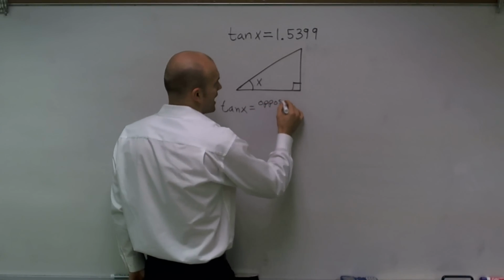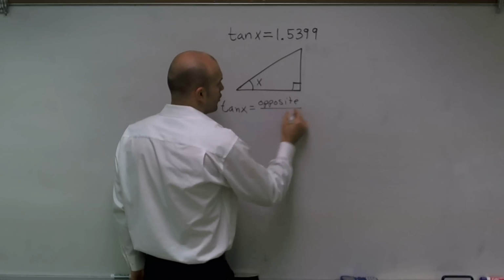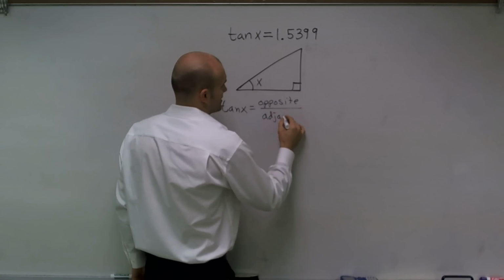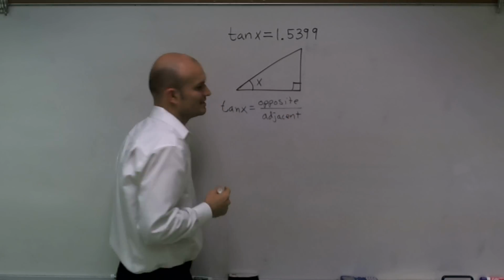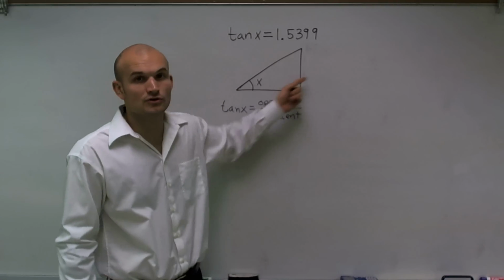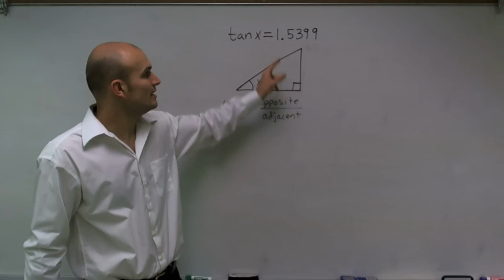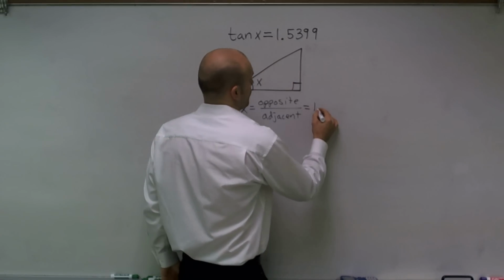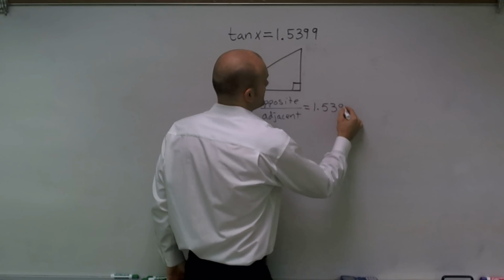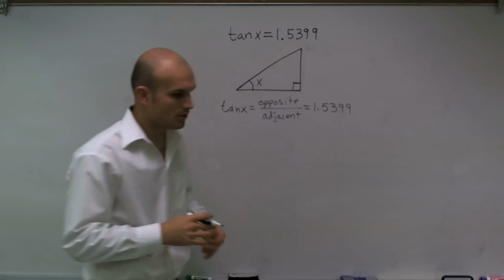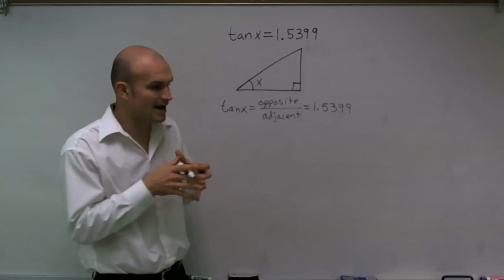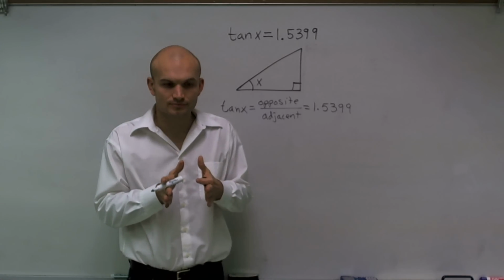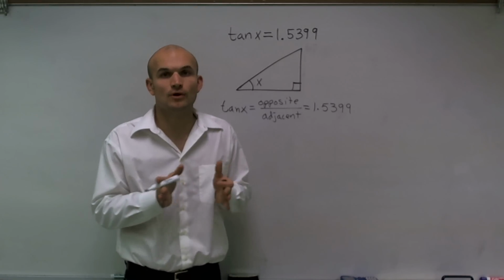And that is going to be your opposite side length over your adjacent side length. Now, obviously in this problem we don't have those two side lengths, but what we are given is what the ratio equals, which is 1.5399.